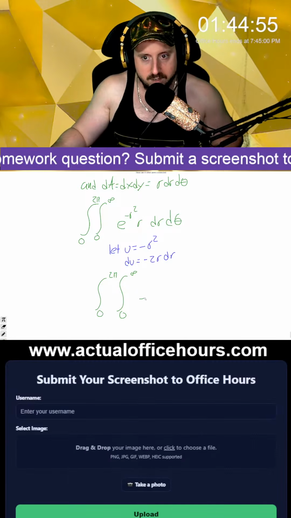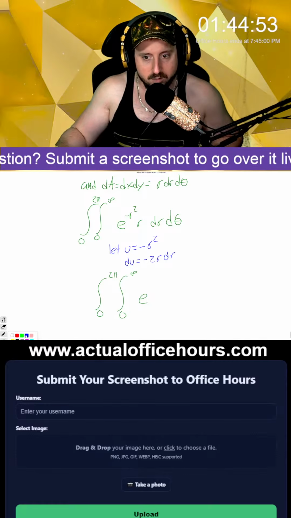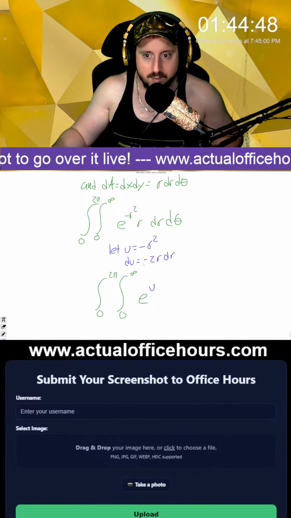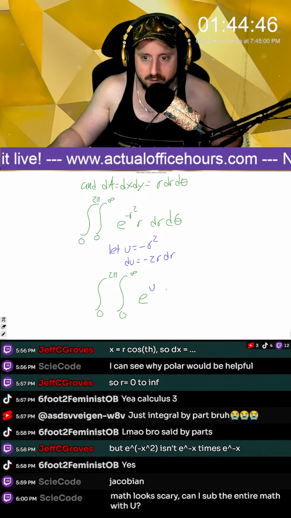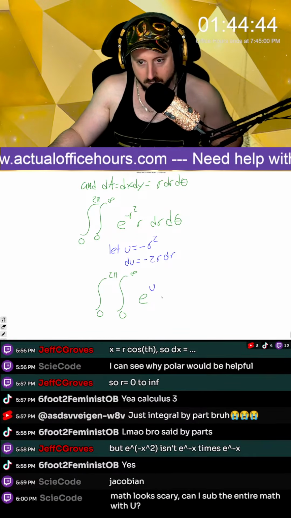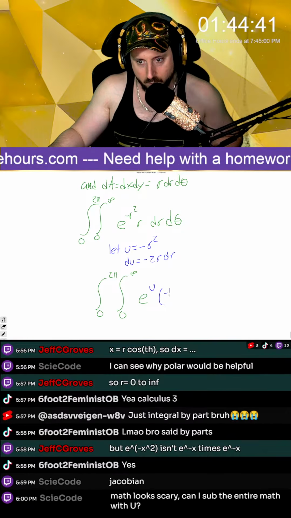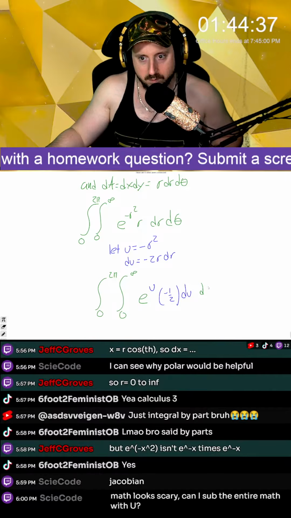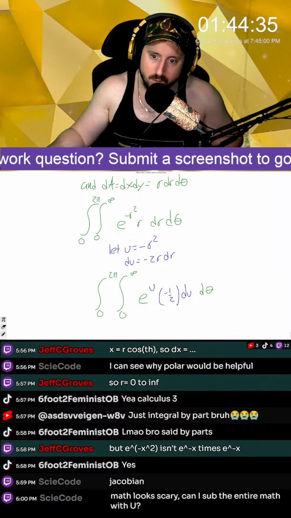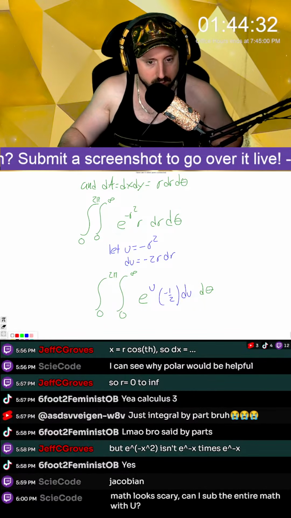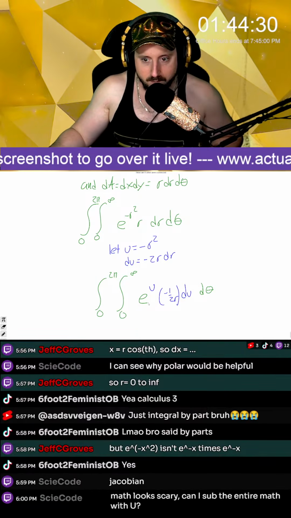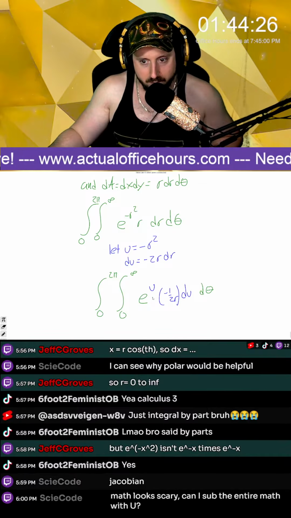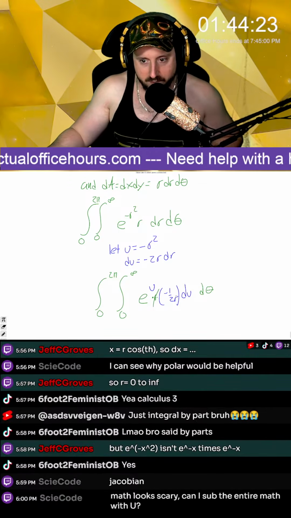And now it's going to be e to the u, and then r dr is now negative 1/2 du, and then we still have the d theta in there. There's technically another r here, but then the r's cancel.